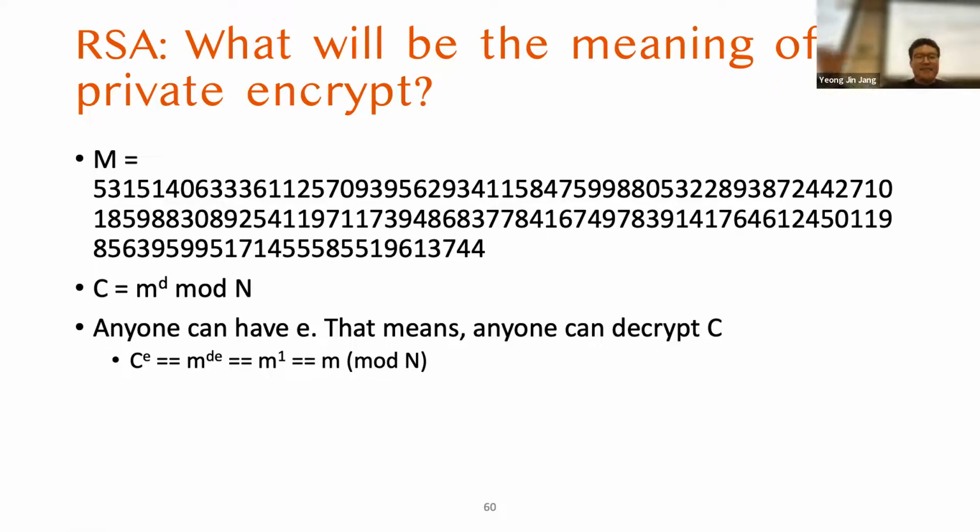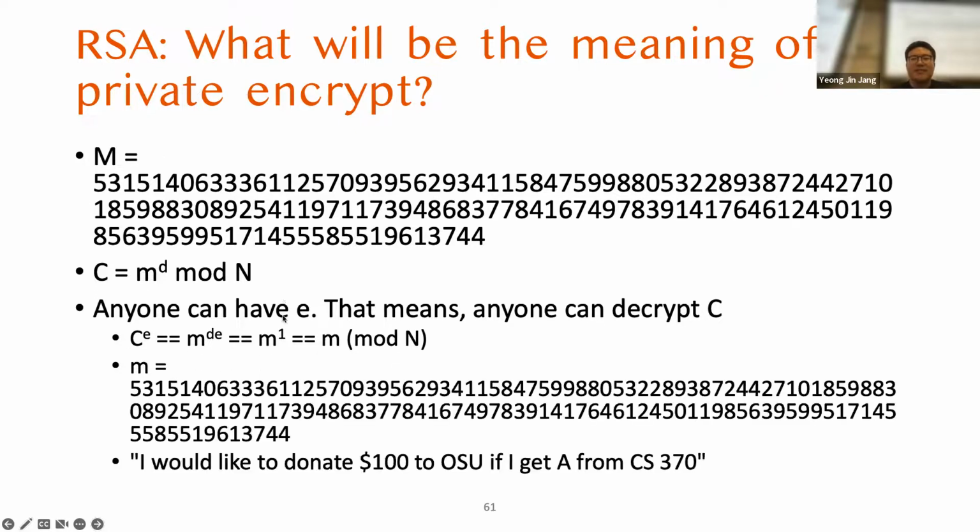After you obtain the public key, you can decrypt it. So the ciphertext raised to the exponent E will be M^(DE), which is M^1. It results in the same message, so you will see that this message was decrypted by my public key.